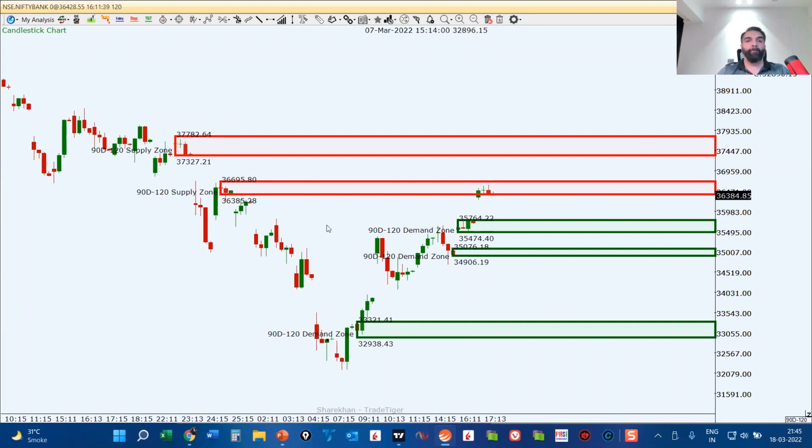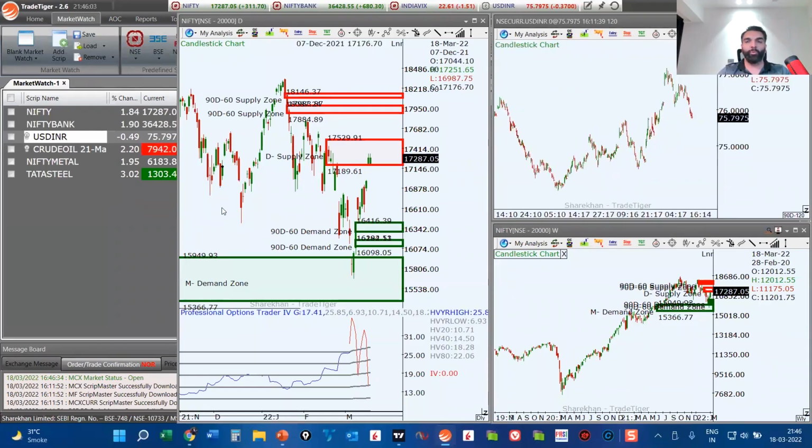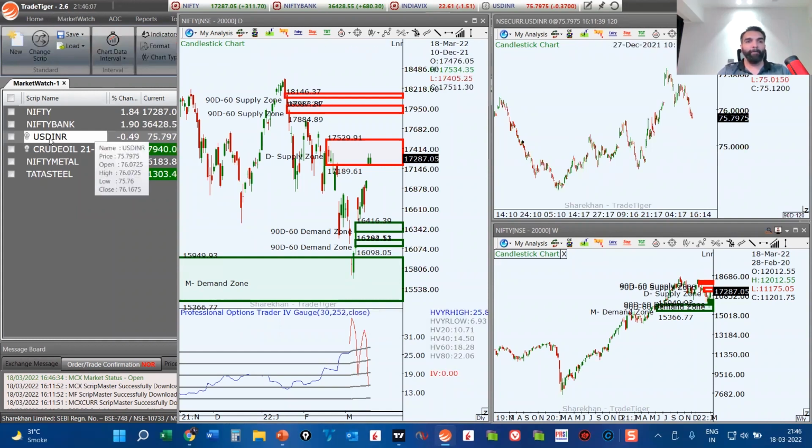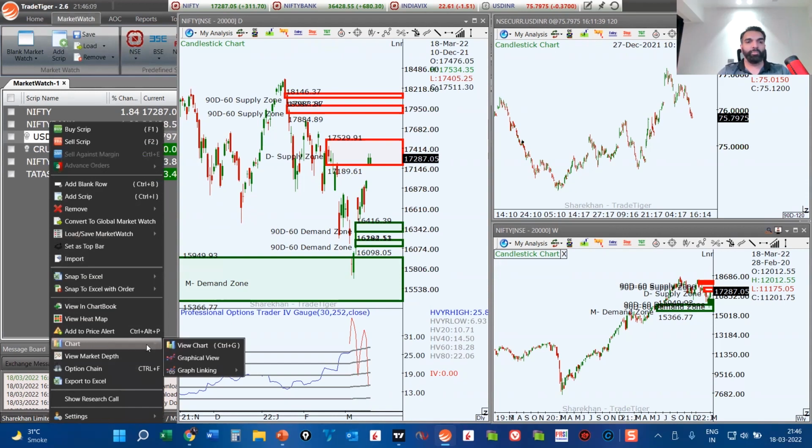All right, let's move on to the next market, which is the USD INR, and let's have a look at what the USD INR is doing. Let's link all the charts here.